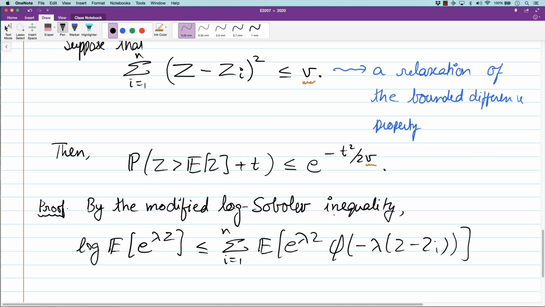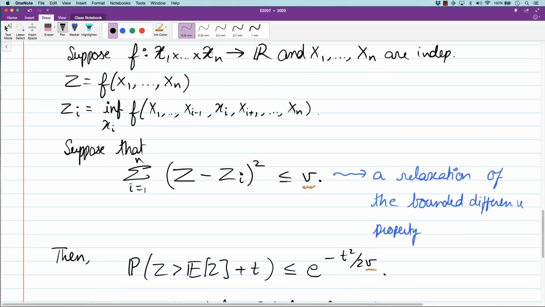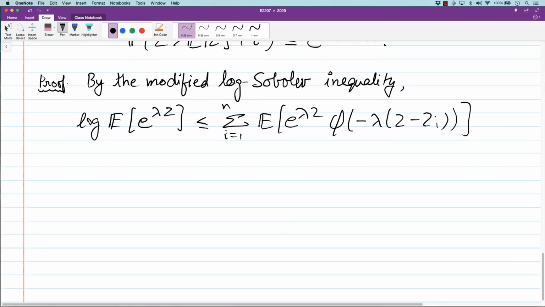This holds because zi here is a function of all but the ith coordinate. So if you fix x1 to xi minus 1 and xi plus 1 to xn, you can view zi as a function of these. Okay, so this is true.